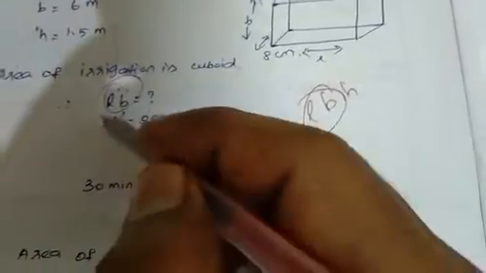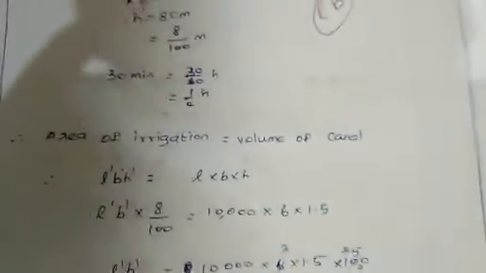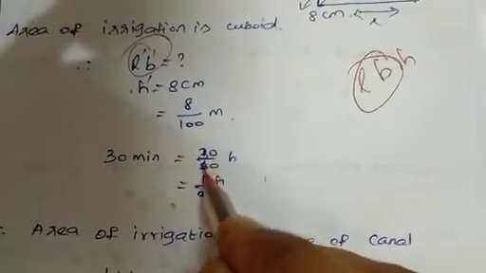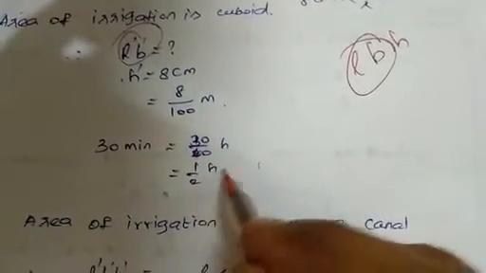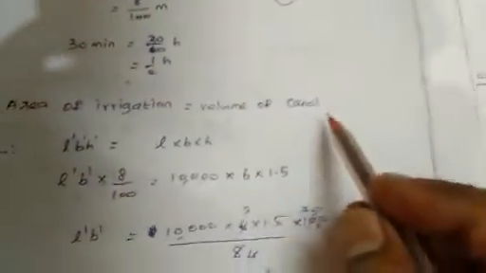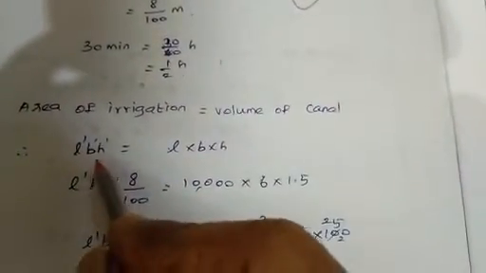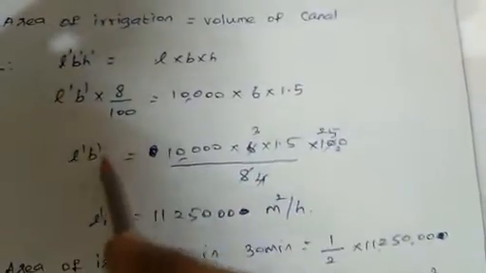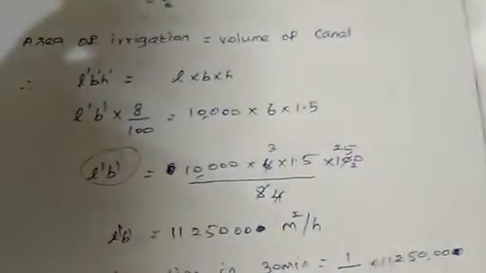So the question is L dash B dash. Okay, in 30 minutes we need to convert into hour, that is 30 by 60 per hour, 60 minutes. So 1 by 2 hour, 30 minutes is half an hour, that's why. Now volume of irrigation equals volume of canal. So L dash B dash H dash equals LBH. Substitute this value, L dash B dash is the area of irrigation.